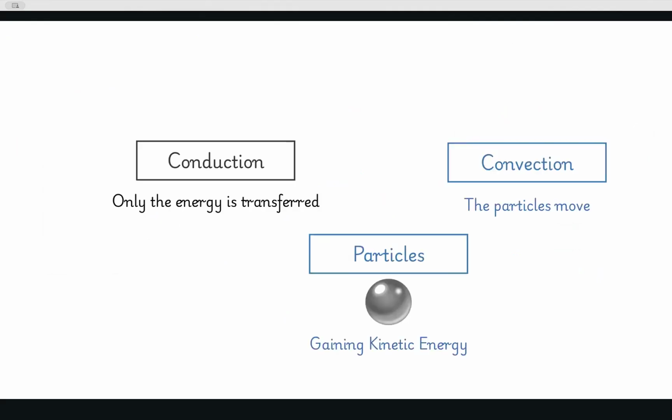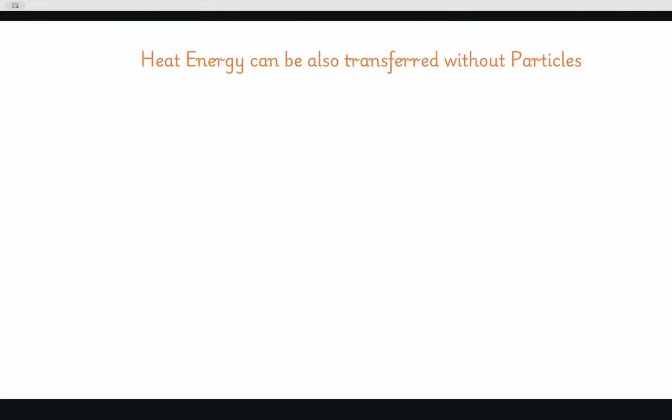However, heat energy can also travel without particles. So conduction and convection require particles, but heat energy can also be transferred without particles, and it can travel through a vacuum.